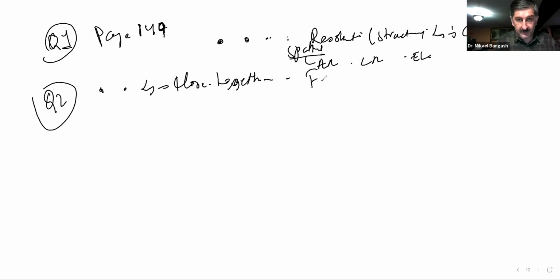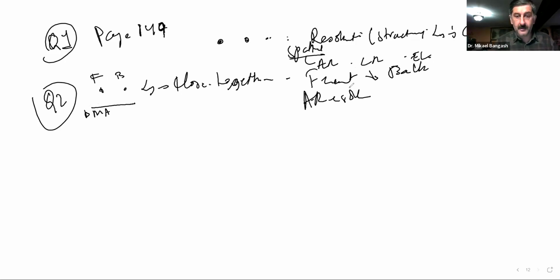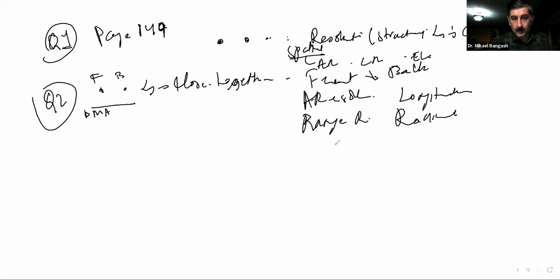But here they go even more specific and say that if that is front to back, or as we said, parallel to the beam's main axis, that was what we called axial resolution. But this axial resolution can also be called longitudinal resolution. It could also be called range resolution, radial resolution, or depth resolution.